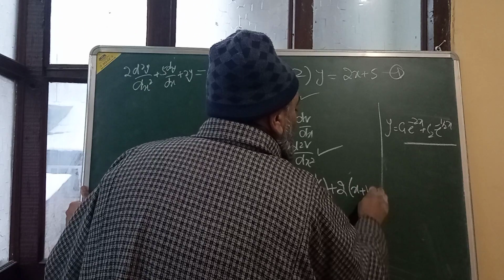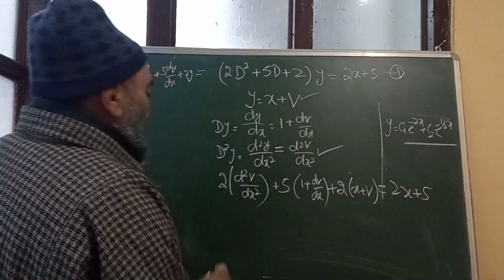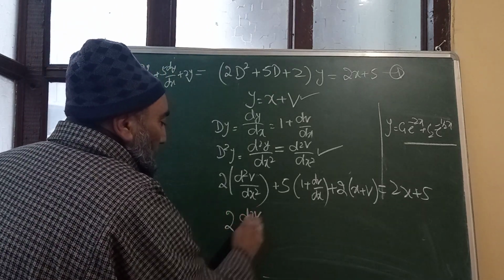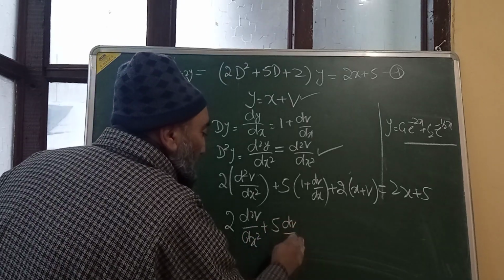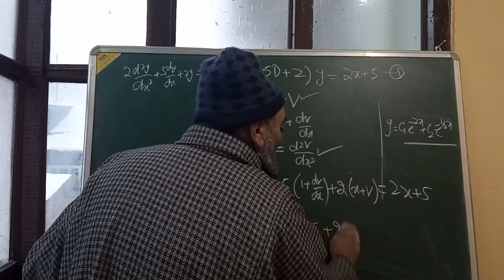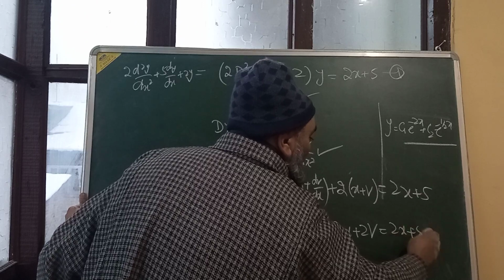The right hand side is 2x plus 5. So this is 2 d2v by dx2, plus 5 dv by dx plus 5 into 1, which is 5, then 2x plus 2v equal to x plus 5.